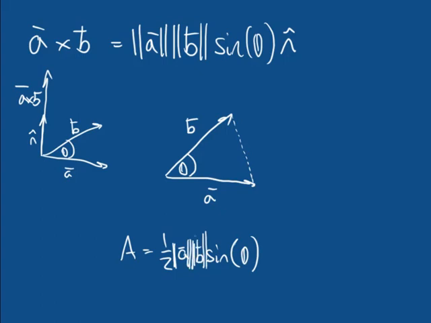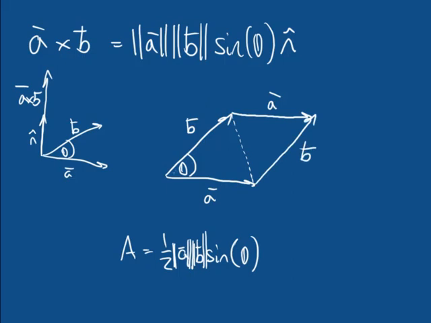So the area of a triangle, as defined by our vectors, would be equal to half the length of vector A multiplied by the length of vector B, multiplied by the sine of the angle between them. Now, if we took this idea, this concept, and extended it to construct a parallelogram as defined by these two vectors, we'd have another copy of A that sits up here, and we'd have another copy of B that connects here.